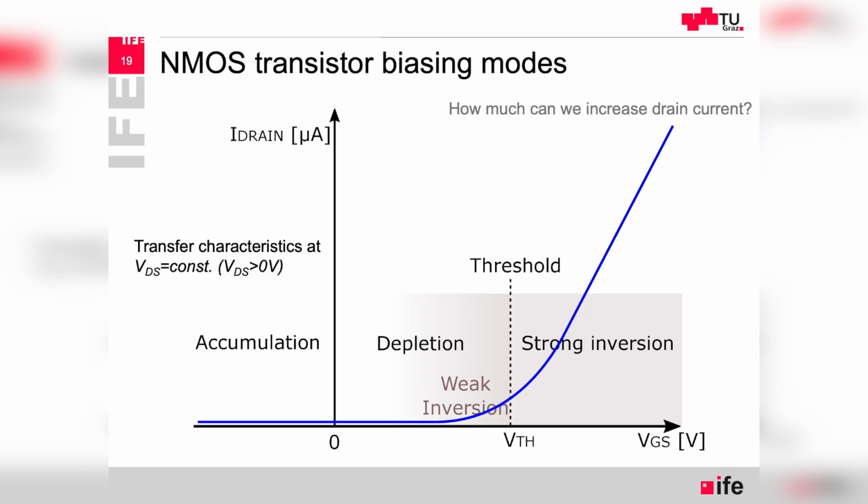So if we keep increasing gate voltage, is it going to increase into infinity? Well, obviously not. So what happens? What will happen if we keep increasing? Can something get damaged?